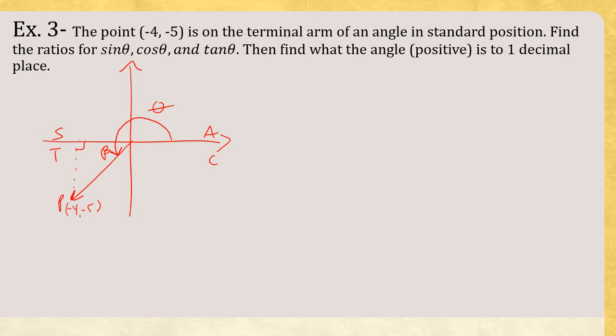So that's 4, that's 5. I'm missing r, so I'm going to have to do Pythagorean theorem. 5 squared plus 4 squared equals r squared. 25 plus 16 is 41. Square root both sides. Root 41 equals r. And root 41 does not break up very nicely, unfortunately.